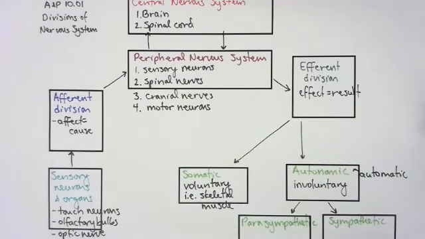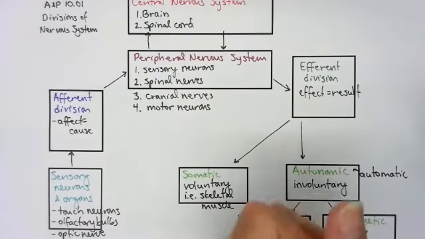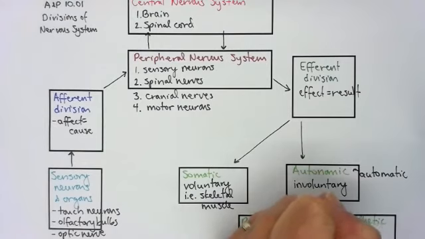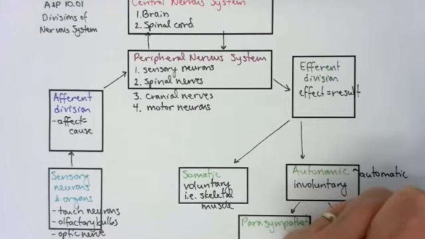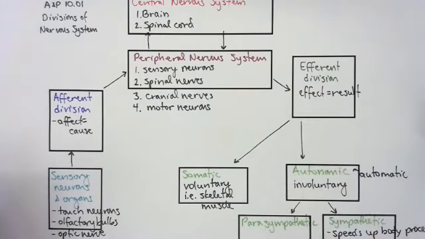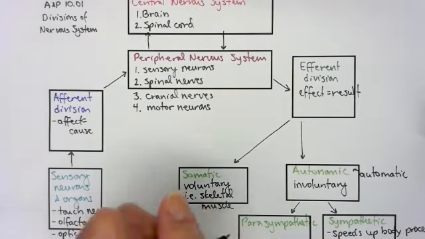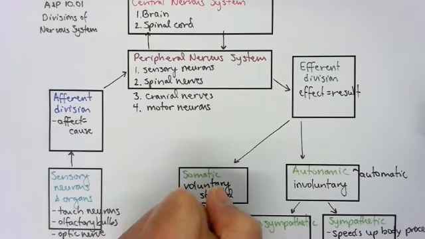So the sympathetic system speeds up your involuntary body processes. Anytime you're in a situation and your heart races and your blood flow increases, you're having a sympathetic response.